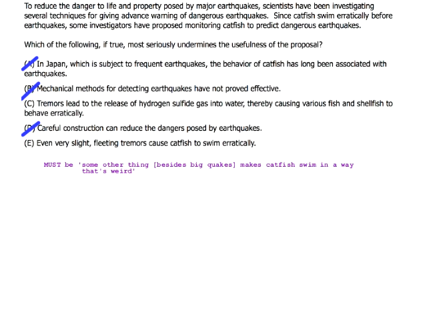So what's the deal with C? Does C give you an alternate thing that could cause them to swim weird? It doesn't. Although notice that this doesn't say that either.